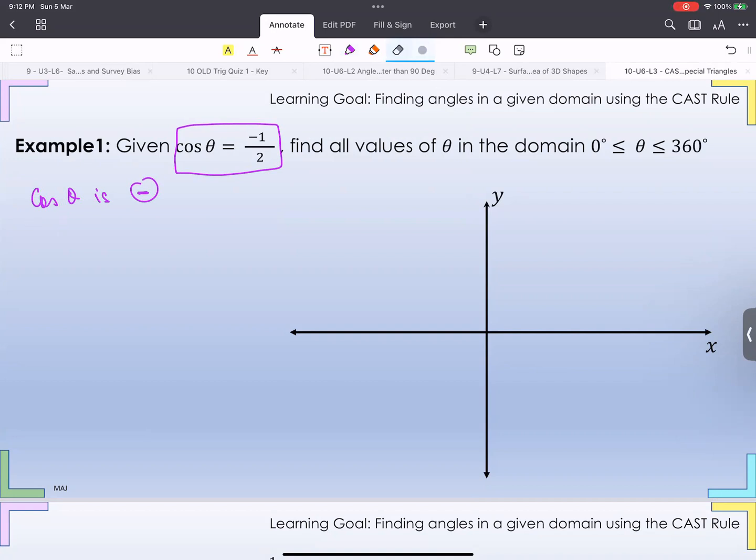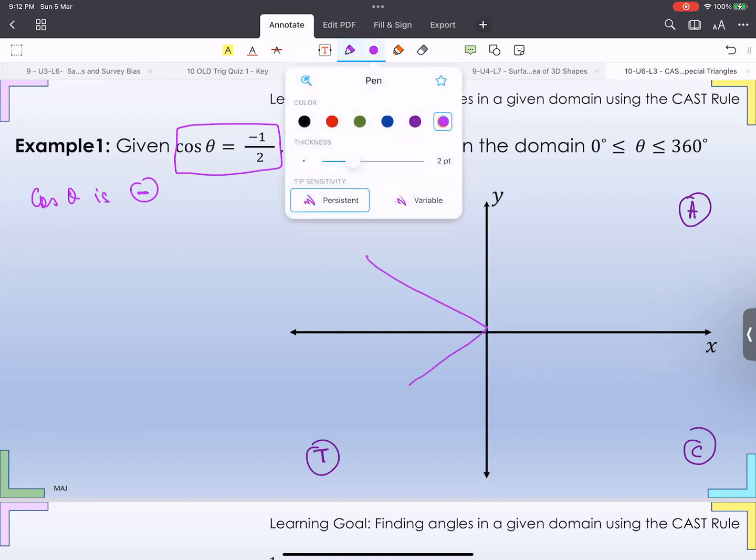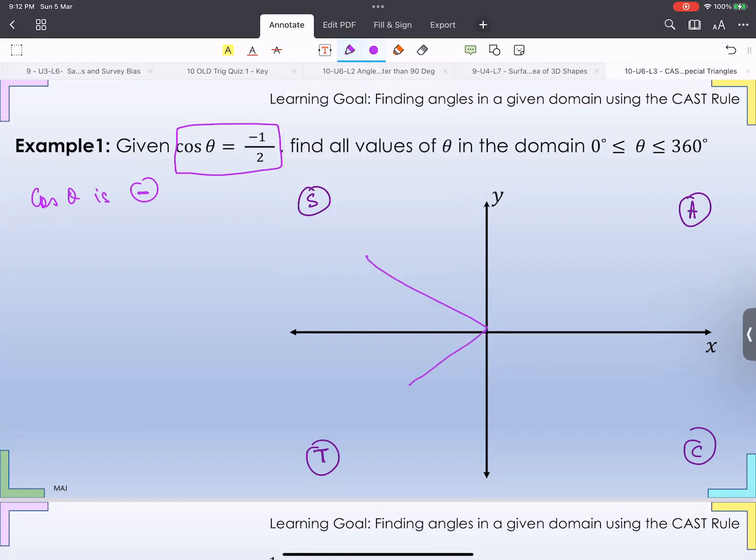Okay, now if you look at the CAST rule, cos is positive here. Sine, cos, and tan are positive here. Cos is negative here because sine is positive and tan is positive, okay? So cos is negative in these two quadrants, the second and third quadrant.